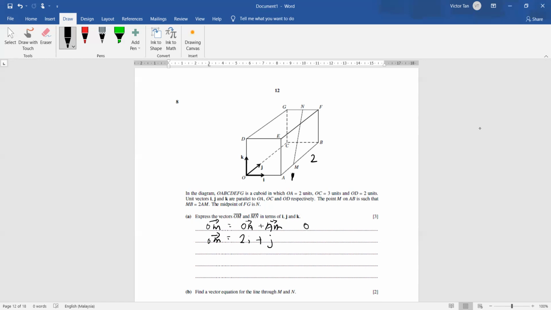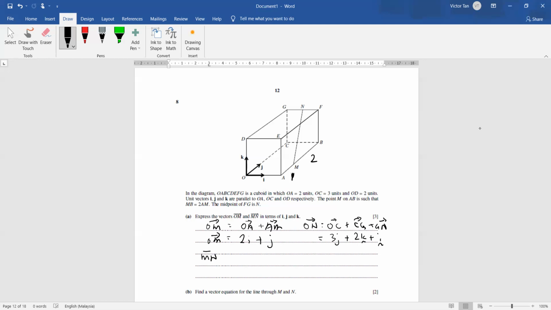I'm finding ON first. So ON is OC plus CG plus GN. OC is 3j, CG is 2k, GN is i.